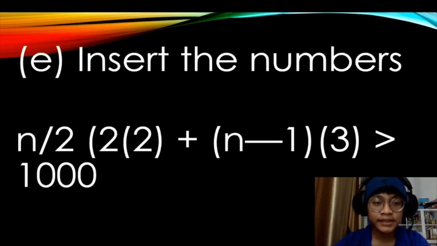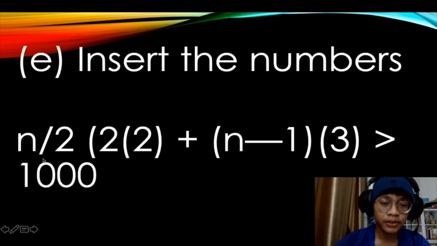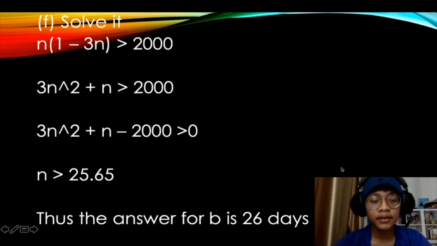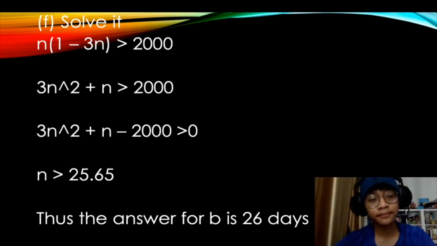So then we insert the number, n we don't know, over 2 times 2 times A, that is 2, plus n minus 1 times D, that is 3, then over 1000. Then we do a simple math. Okay, then we solve it.